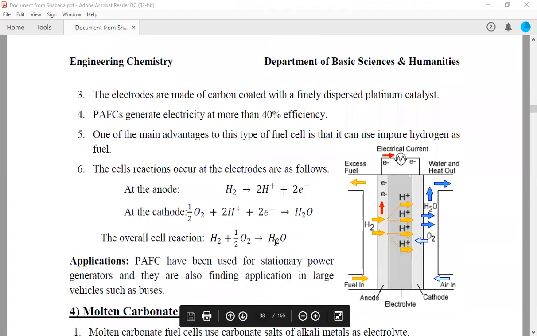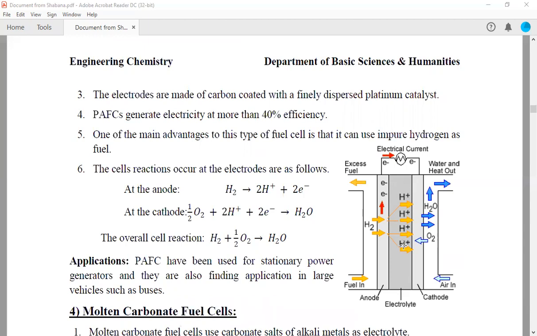Coming to the construction of the fuel cell, this is the diagram of the phosphoric acid fuel cell. In this, two types of electrodes are present. One electrode acts as an anode and the other electrode acts as a cathode. The anode is made up of carbon coated with finely dispersed platinum catalyst.